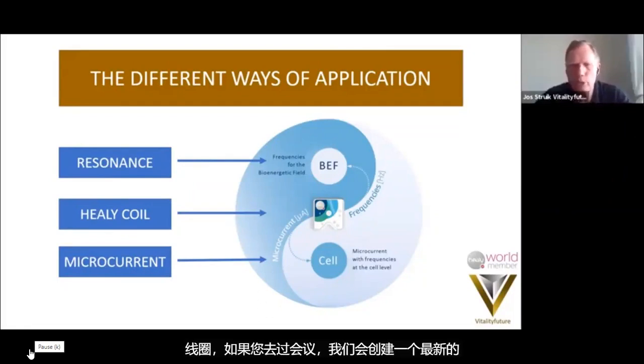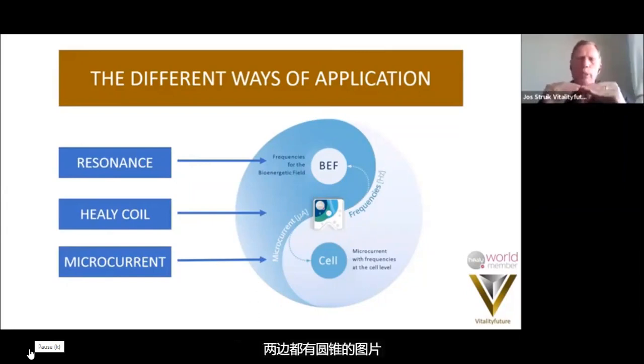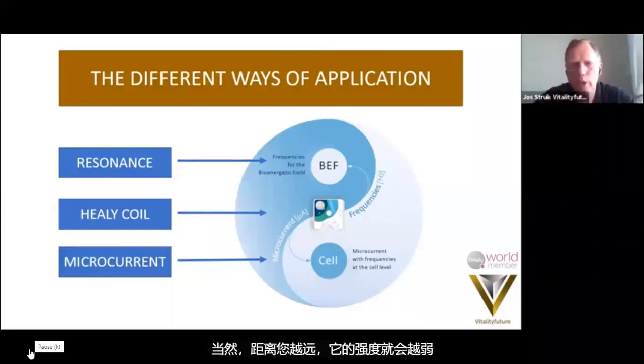If you have been to the meeting this week, Tuesday meeting with Marcus, you saw a picture with a sort of cone on both sides. So for a certain space, there is a current that, of course, will get weaker the farther that you get from the coil itself.